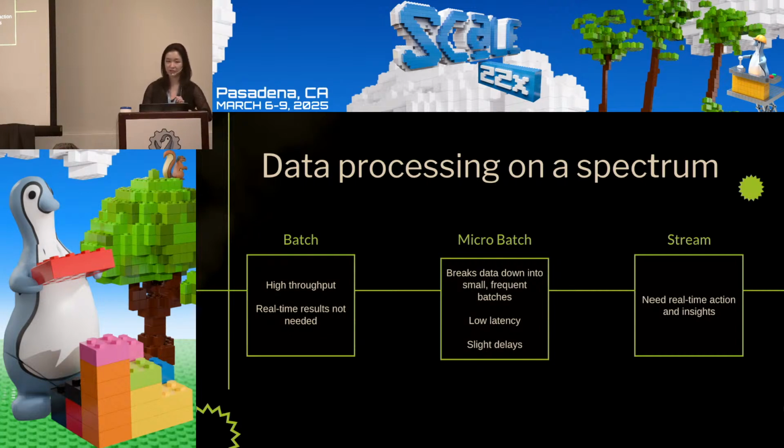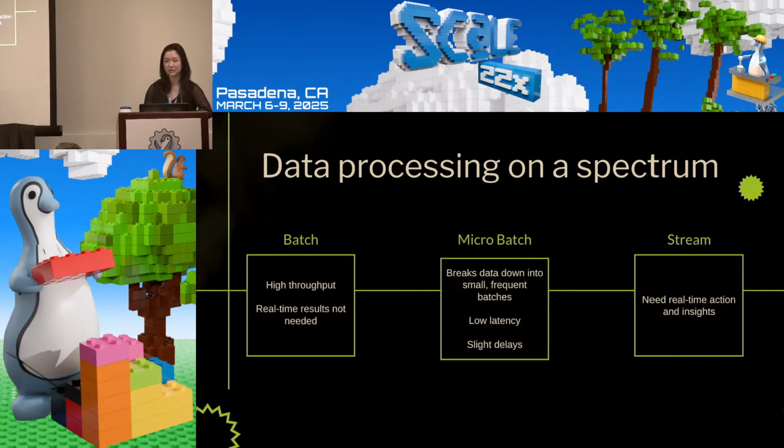And since these batches are broken down into really, really small time segments, this makes it almost near real time. But usually these batches aren't going to be any smaller than a second. If you can get your batches down to a second, that's already going to be very efficient.